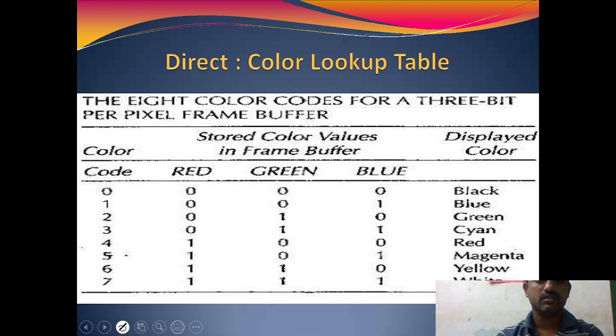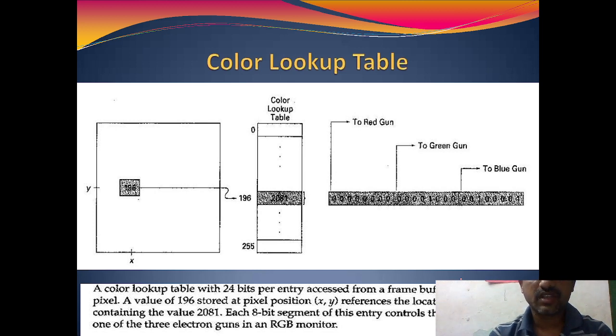See, this is code 0, red 0, green 0, blue 0. There is black; 1, blue; 2, green; 3, cyan; 4, red; 5, magenta; 6, yellow; 7, white. So this is a color lookup table.